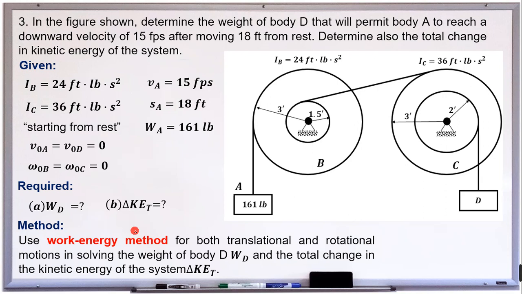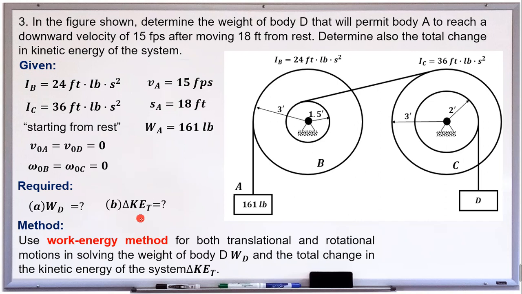But the only drawback of the work energy method is that you cannot solve for the acceleration directly. So you will need some additional formulas from the force inertia method. If the problem requires you to solve for the acceleration, you can start your solution using the work energy method and then go back to the force inertia method.